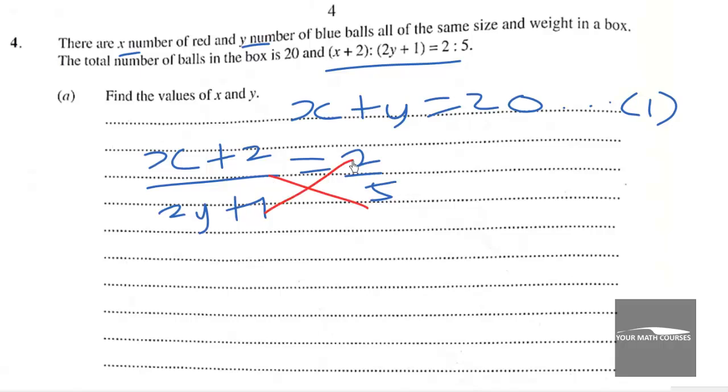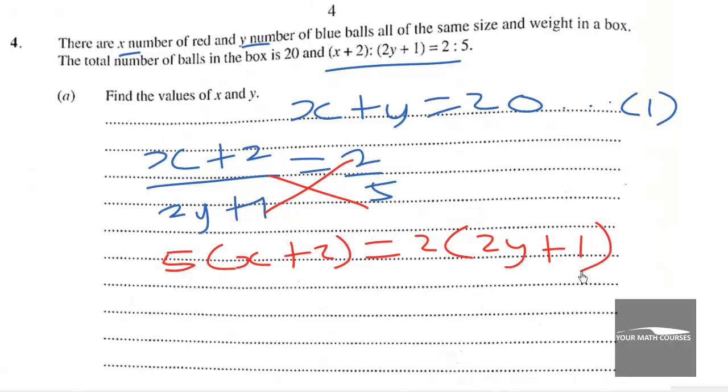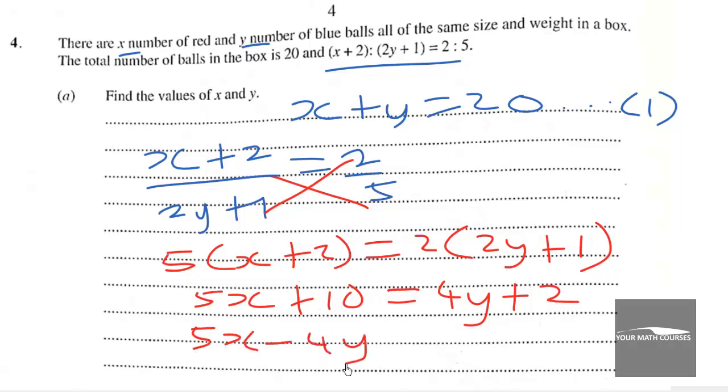So we have 5 into bracket x plus 2 is equal to 2 into bracket 2y plus 1. So let's expand. We get 5x plus 10 is equal to 4y plus 2. So we have 5x minus 4y is equal to 2 minus 10, which is negative 8.